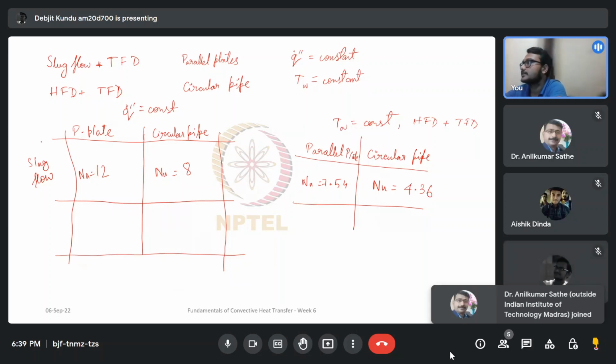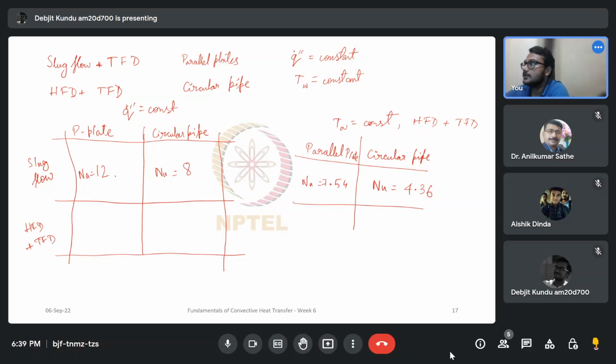When this was the fully developed case, this value got reduced to 8.24, or 140 by 17. And in the circular pipe fully developed case, this Nusselt number reduced from 8 to 48 by 11, that is 4.36.